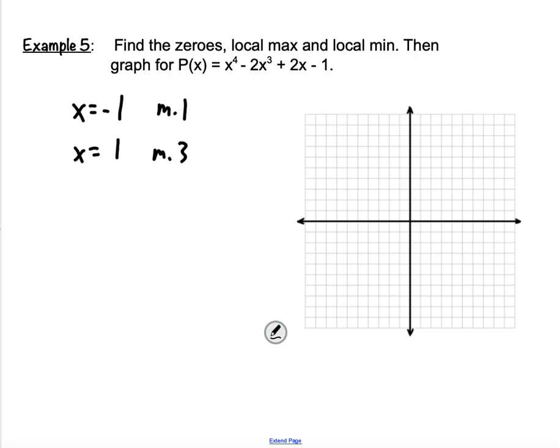So let's plot those 2 points there. We've got a -1 and we've got a 1. And in order for you to do a better graph on this, it's hard when you squash it all the way in there like that. You might want to extend out your values here. So in other words, instead of saying that the first box there is 1, maybe I'll jump over and say the second one there is 1.